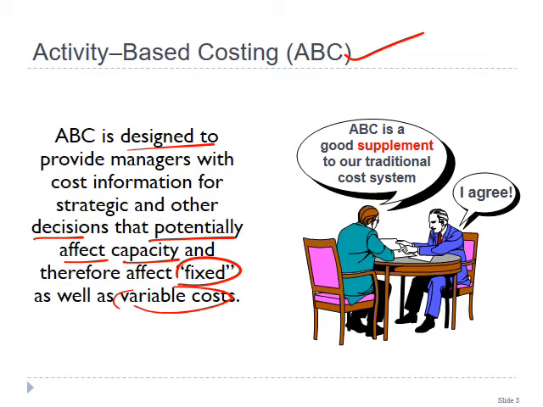It is ordinarily used as a supplement to, rather than a replacement for, companies' usual costing system. Managers normally talk to each other like that. ABC is a good supplement to our traditional costing. Basically, it adds further benefit when companies are using their own traditional costing methods.